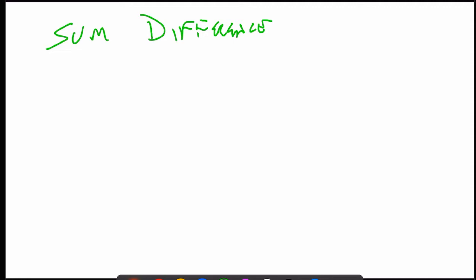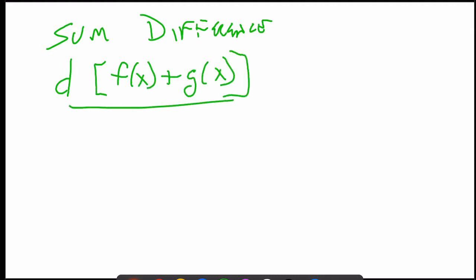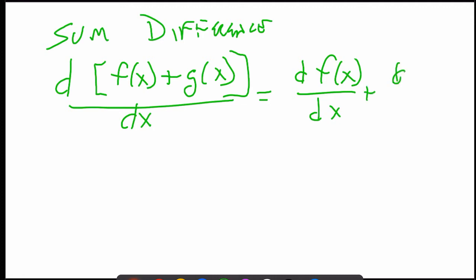It just says the first derivative of f(x) plus g(x) equals the derivative of f(x) dx plus the derivative of g(x) dx. We already kind of did this, right? If this is a plus or minus, we can make that a plus or minus, and we're good to go.